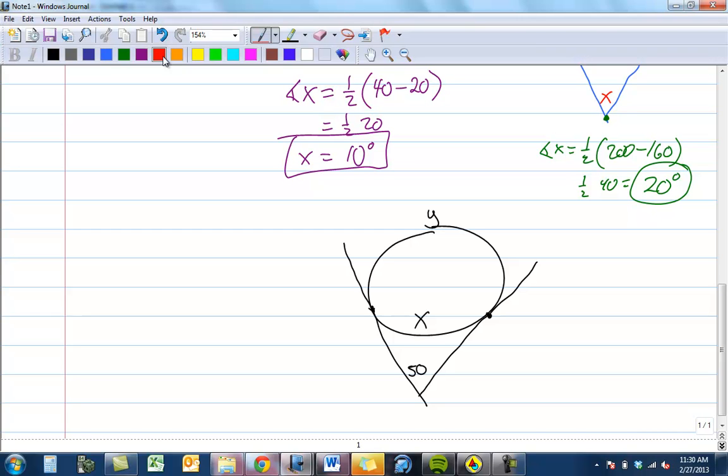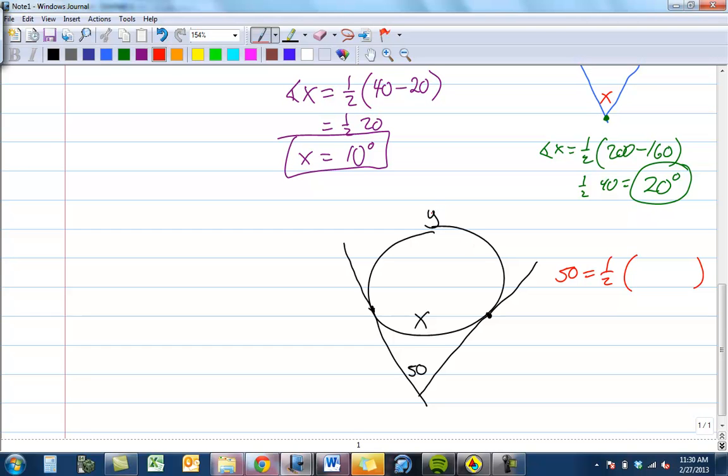Let's see. Well, the angle, 50, is 1/2 the arcs, right? So it'll be y minus x. Y is probably the big one, right? Y minus x. But that's not going to work, right? Because then we would have two variables, y minus x, and we can't solve that. We could say that y plus x is equal to 360, but that's a whole thing.